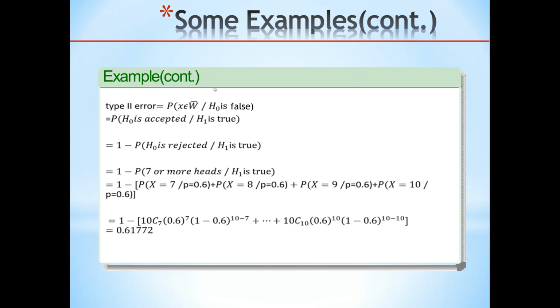So we can expand it like 1 minus P of x equals 7 given p of 0.6, plus the probability of x equals 8 given p of 0.6, plus the probability of x equals 9 given p of 0.6, plus the probability of x equals 10 given p of 0.6. After calculating this, we get the value as 0.61772.